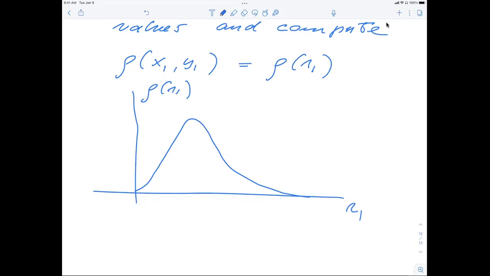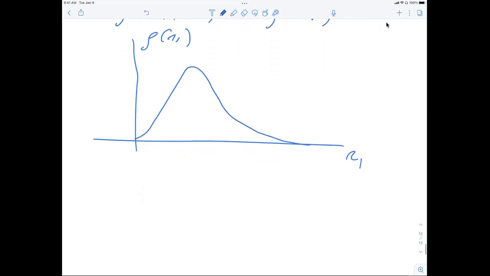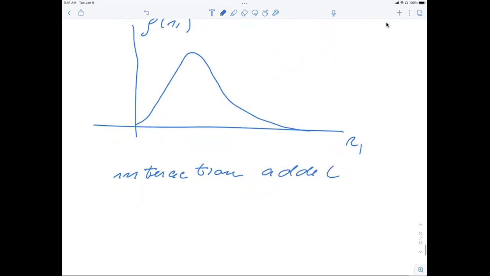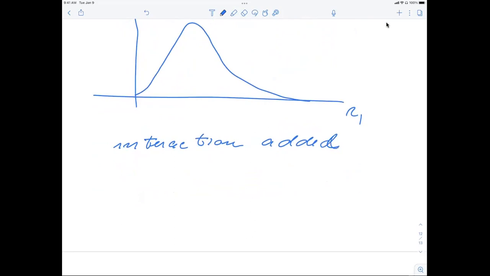Now, the thing which is interesting now, if we add interactions, this one body density reveals some very interesting features. If I add interactions, we can now have a repulsive interaction, or we can have an attractive interaction.